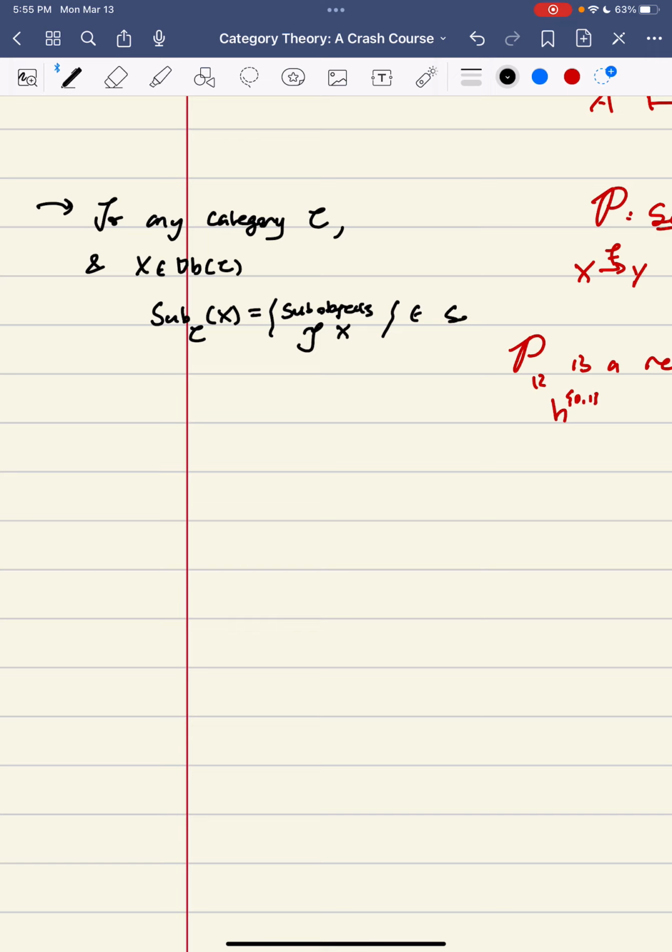This is a set. You can define this thing as a functor, if you're careful, from C op into Set.